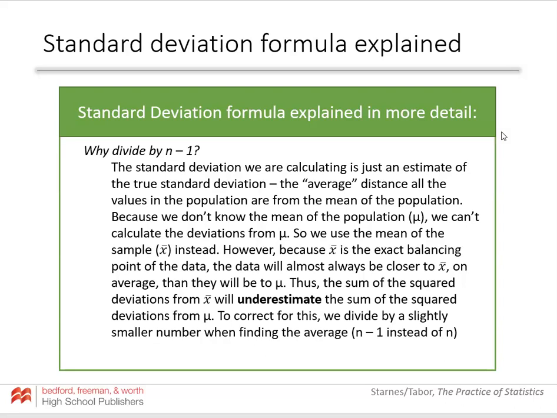Because x bar is the exact balancing point of the data, the data will almost always be closer to your x bar, your average, on average than they will be to the population mean. So the sum of the squared deviations from your sample mean is going to underestimate the sum of the squared deviations from mu. In order to correct this, we divide by a slightly smaller number when you're finding the average. So that's why we divide by n minus 1 instead of n. So just realize that it's going to be an underestimate. That's the key part there.